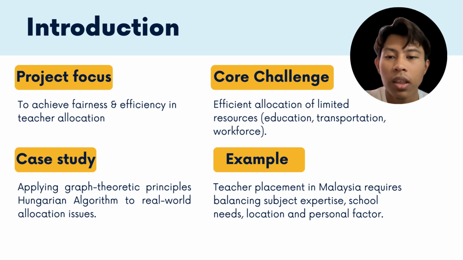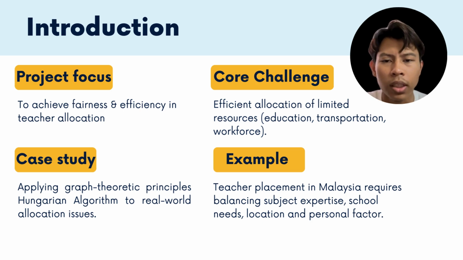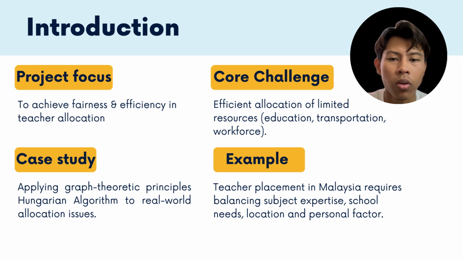So graph theory gives us useful tools for this, which is the Hungarian algorithm, for example, to help make assignments that are both fair and efficient. Then we also have the network flow concept, which helps us manage constraints such as distance or shortage.